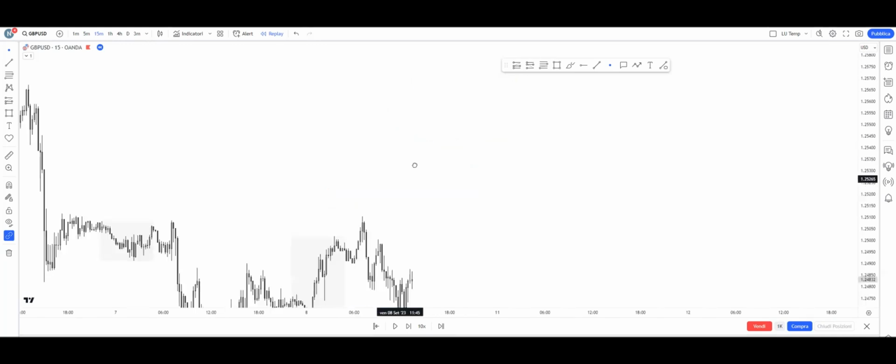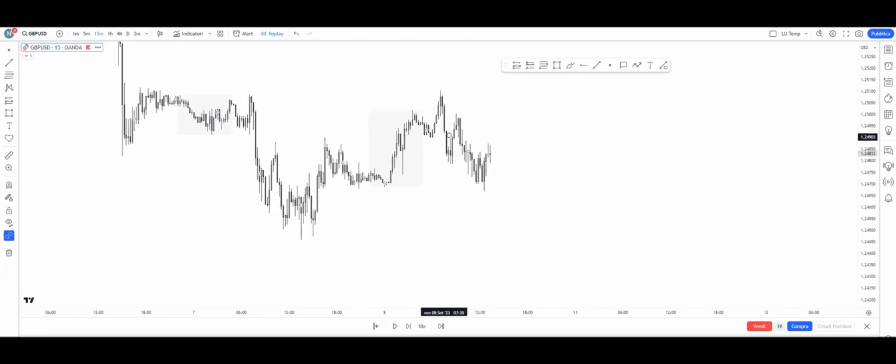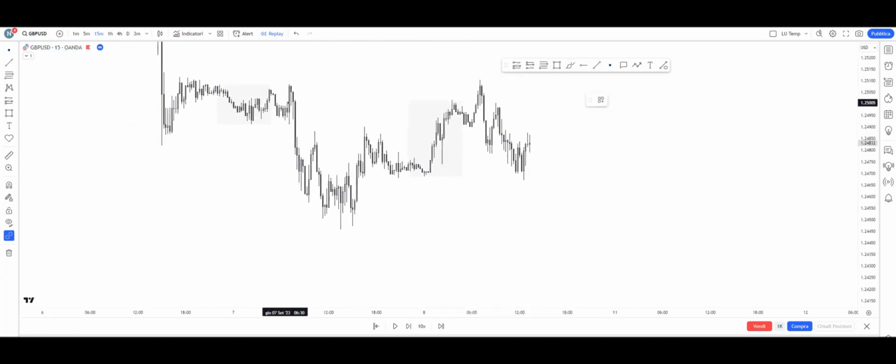So let's dive into some actual chart examples. Right now, here we have this breakout structure. Here we have a QM right below, because we have price taking all liquidity and then breaking structure.